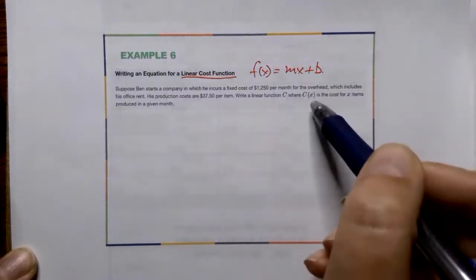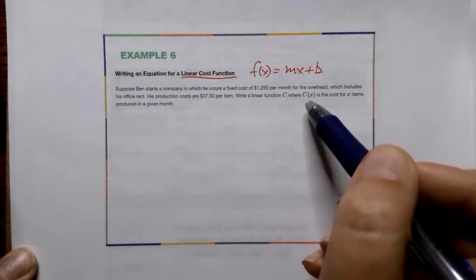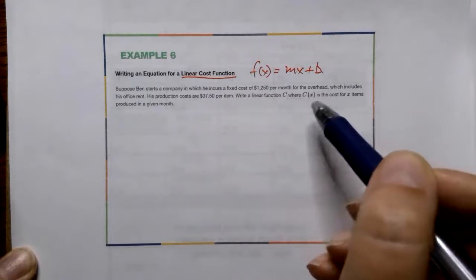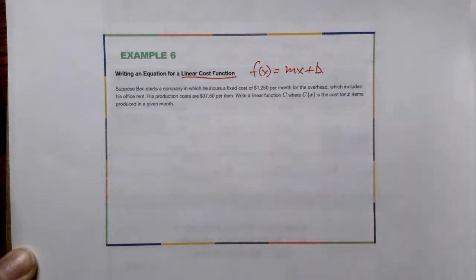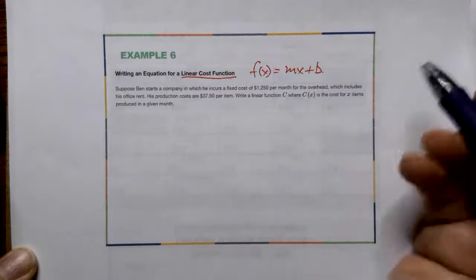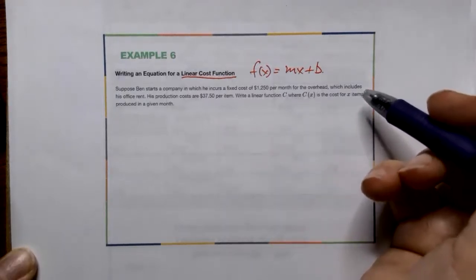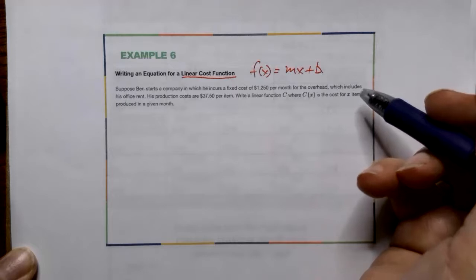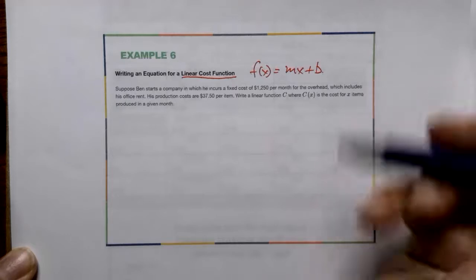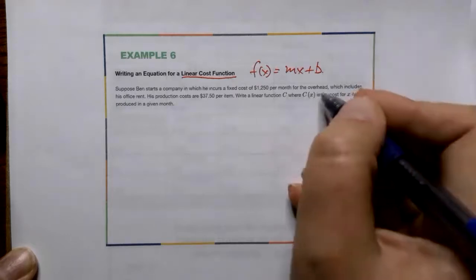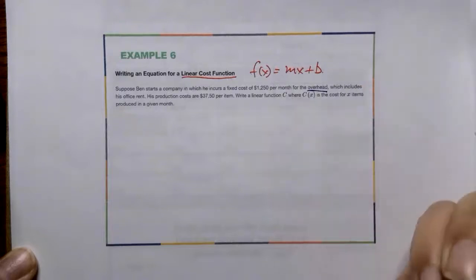Well, it depends on the fixed costs that you have to pay, like for example, salaries to your employees, insurance, and rent. So that will be your overhead cost, and it does not change, right?